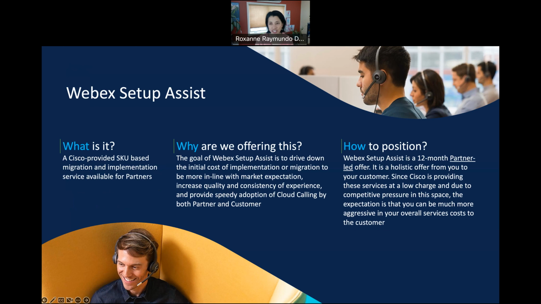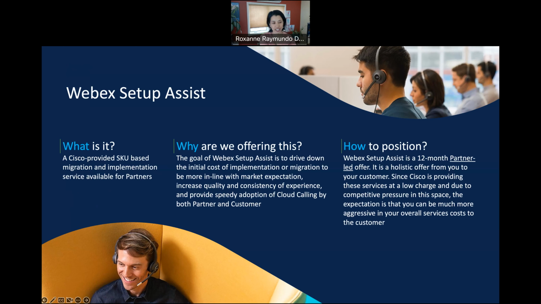I cannot stress this enough that Webex Setup Assist is a 12-month partner-led offer. It must be positioned by Cisco and partner sales team as a holistic offer from the partner to the customer.